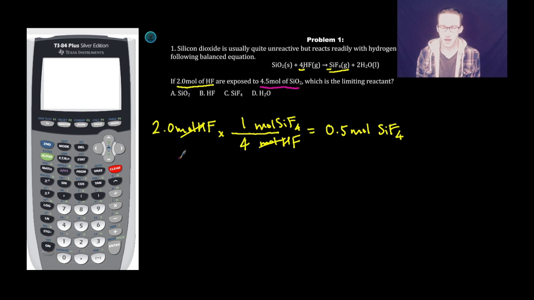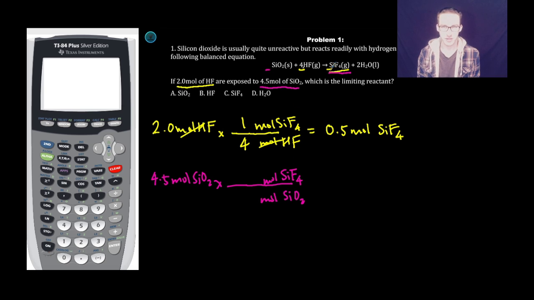But let's do a similar calculation, but this time we'll look at how much SiF4 is produced from 4.5 moles of SiO2. I take my 4.5 moles SiO2, I set up a quick conversion factor here, again comparing it to that same product of SiF4.